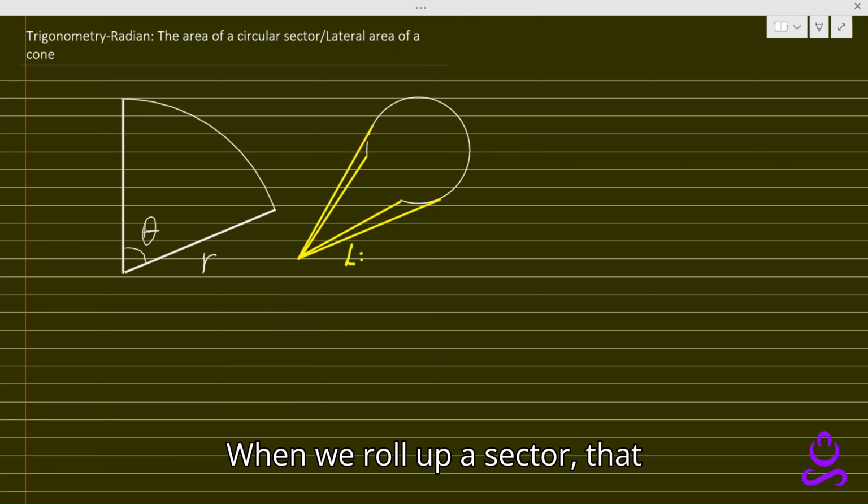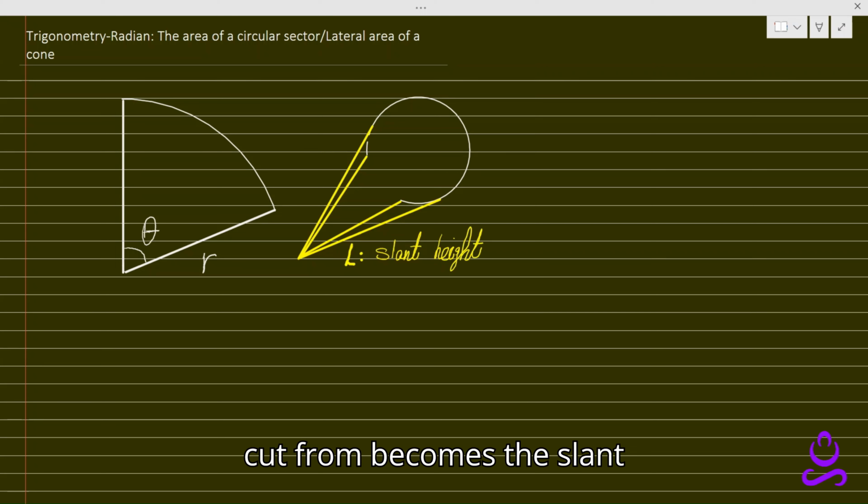When we roll up a sector, the radius of the circle it was cut from becomes the slant height. It's the same measurement but with a different name.